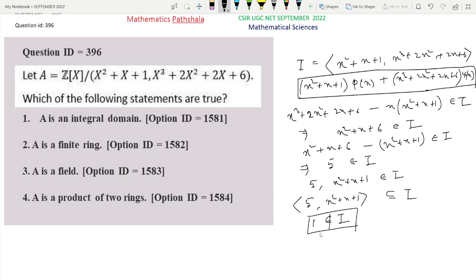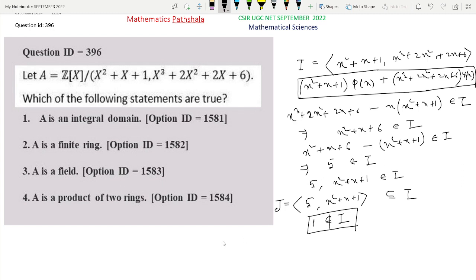It is very easy to check, because if we suppose 1 is of the form x square plus x plus 1 times phi(x) plus x cube plus 2x square plus 2x plus 6 times psi(x), then such phi and psi do not exist. So 1 does not belong to I. So I is a proper ideal containing this ideal. We name it J. So J is a subset of I.